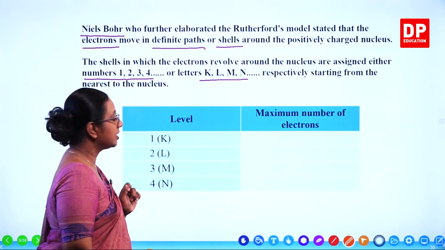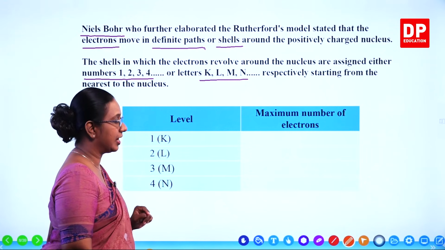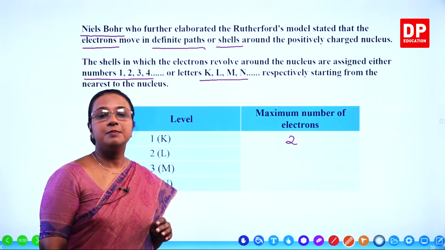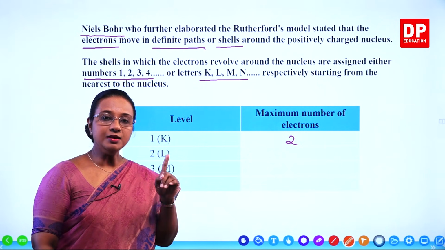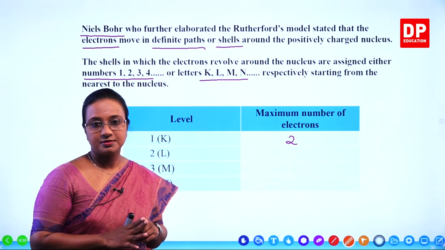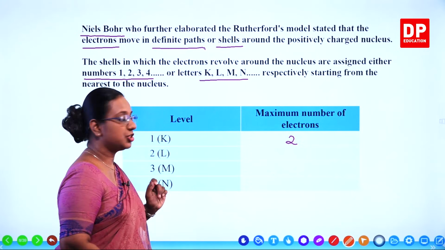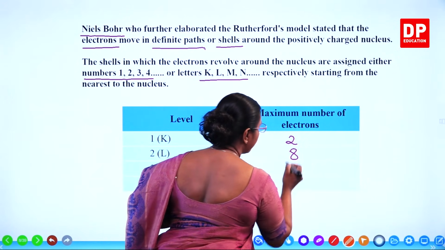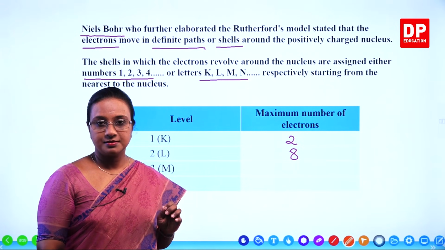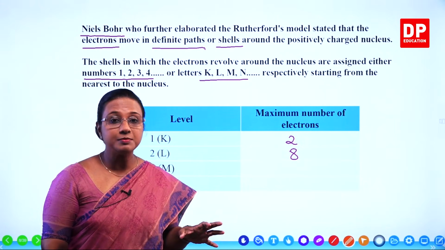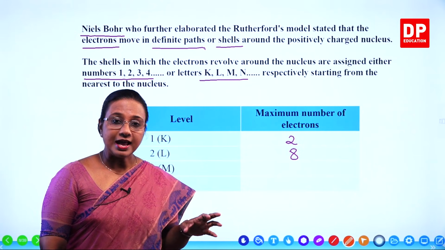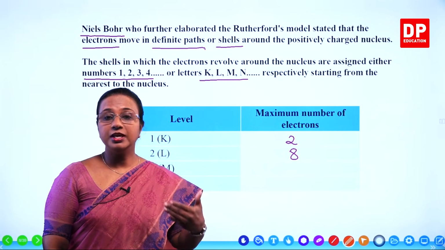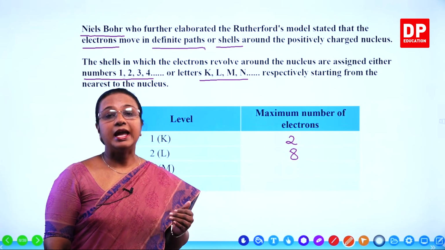So, in the first level, that is the K shell, there can be only 2 electrons maximum. There can be 1 or 2 electrons. But in the second shell, that is the L shell, there can be a maximum of 8 electrons. That is the maximum value. So, there can be an atom that has 1 electron in the second shell, 2, 3, 4, up to 8.